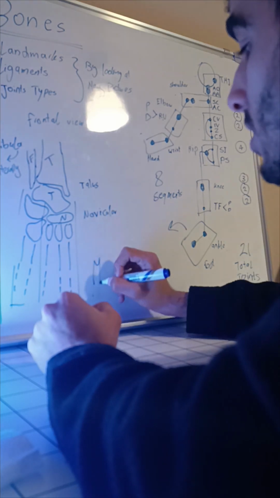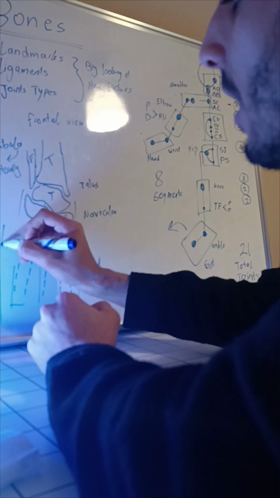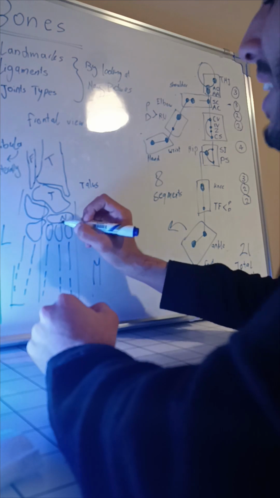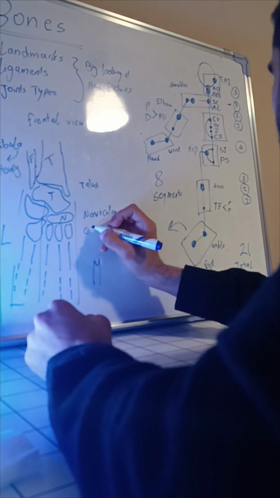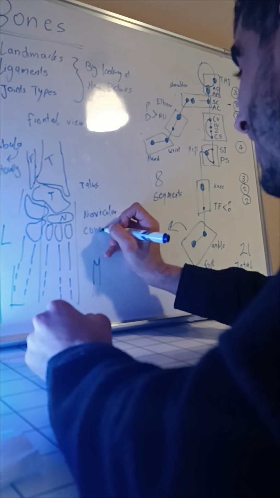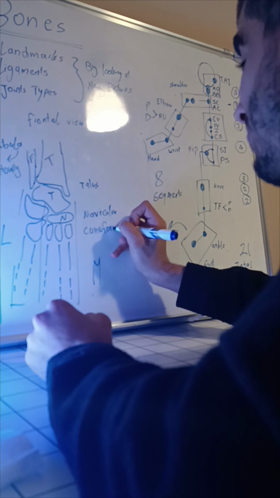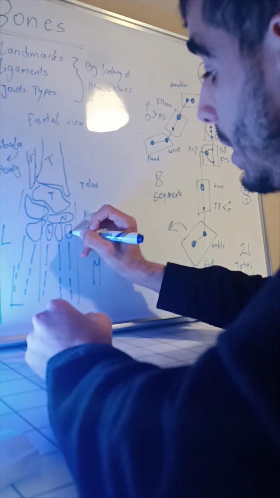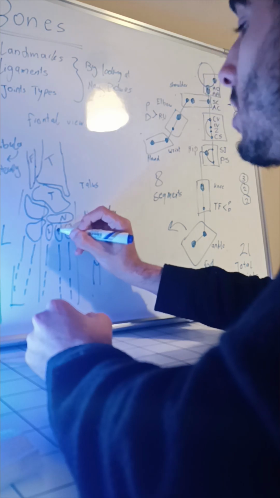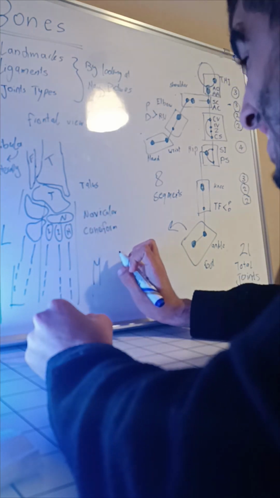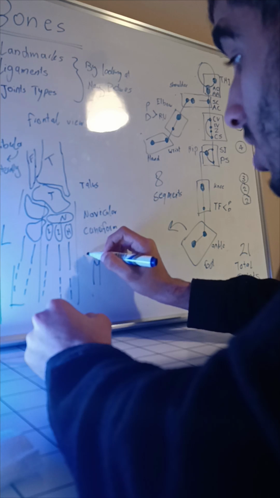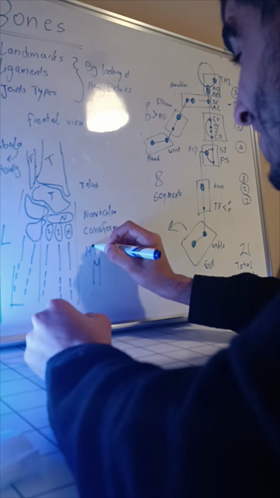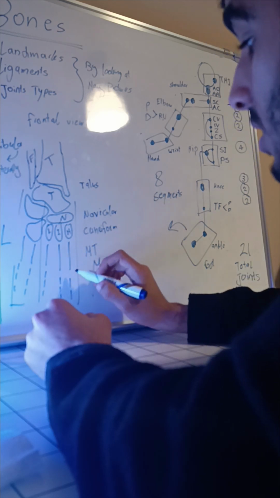Just want to make sure this is the medial part and this is the lateral. So we're gonna have three cuneiforms: the lateral, medial, and intermediate cuneiform. And then we're gonna have three metatarsals, and this is the first.